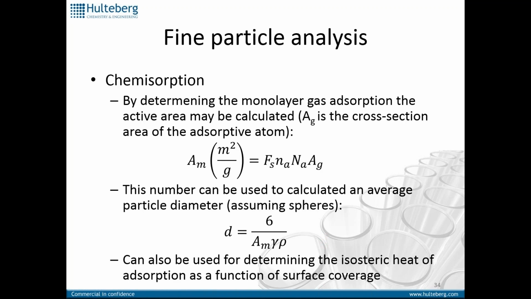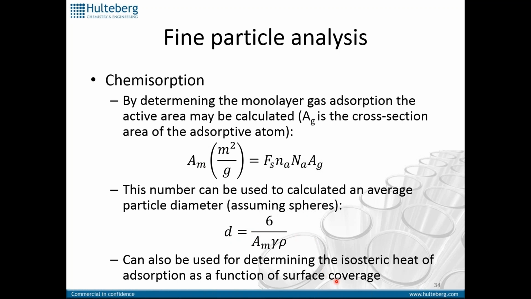We can also use the average monolayer adsorption area with this equation. Again, it's the stoichiometric factor, the amount adsorbed, Avogadro's number, and then the cross-section area to calculate the actual area, square meters per gram of a metal. And by assuming, for instance, spherical particles, we can calculate the average diameter of a particle.